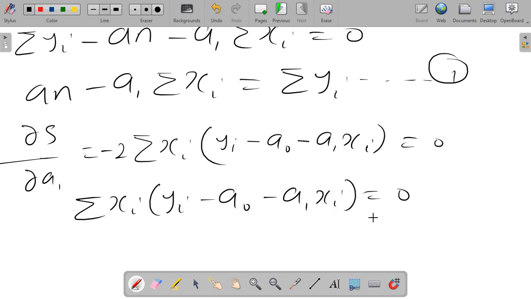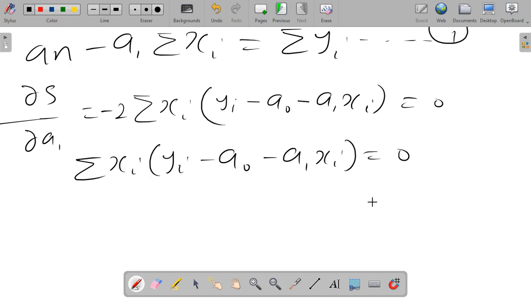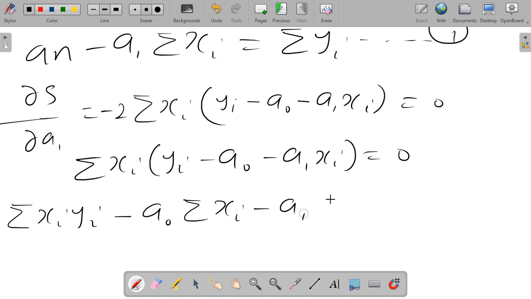So if I multiply out by xi, I'm going to have the summation of xi yi, then minus a naught the summation of xi. I'm multiplying everybody here by xi, so everything here times xi gives me this, and everything here times this gives me minus a1 the summation of xi squared is equal to 0.